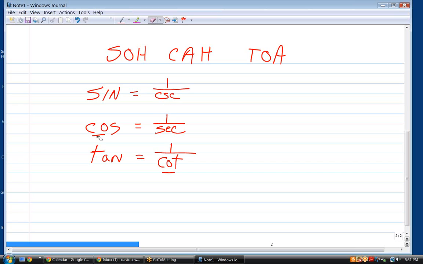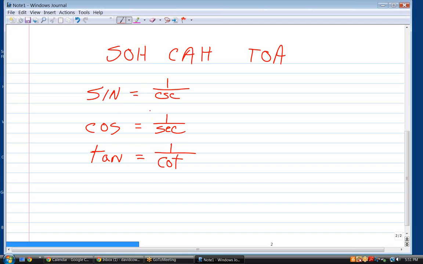So if you use that little technique to memorize it, as long as you know that the tangent is the reciprocal of cotangent, then you can always figure out what these two are. Which one belongs to sine and which one belongs to cosine.